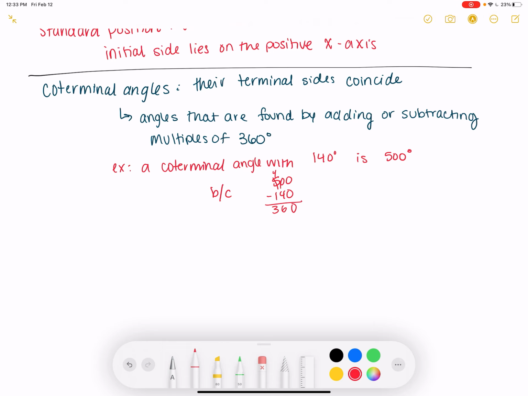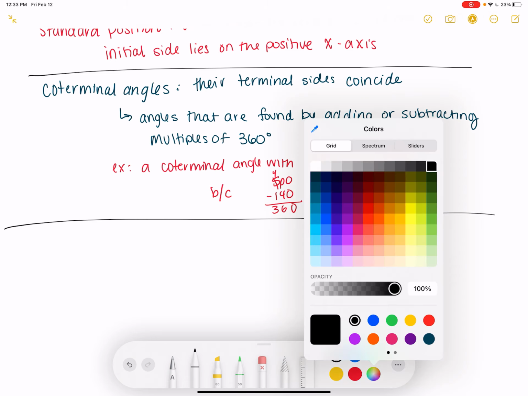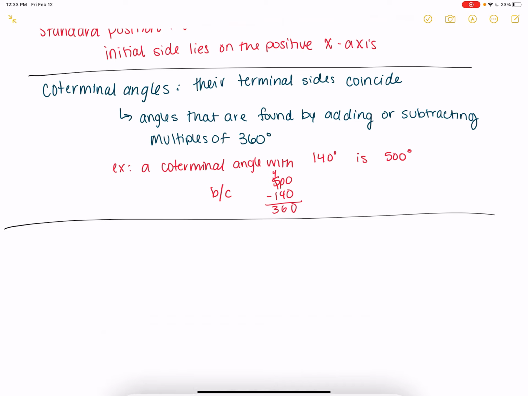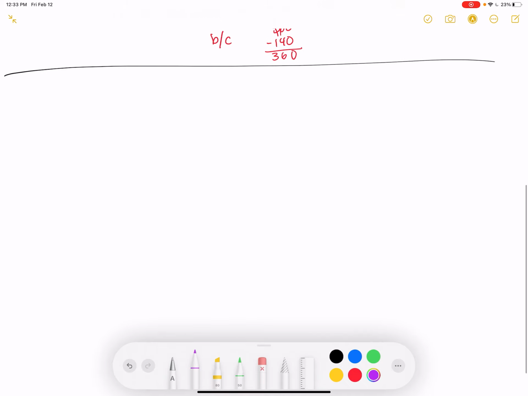All right, so another little topic here. Let's go with bright purple. Radians. So you've probably heard me mention that word a couple times recently. But this is just another way to measure angles like degrees, okay?